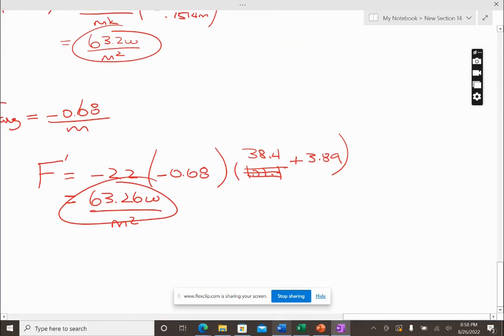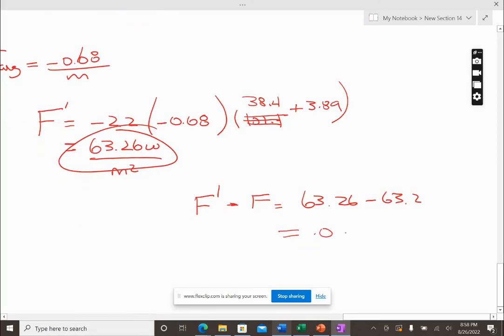Look how close that is. If we take the F prime minus F, we get 63.26 minus 63.2 equals 0.06. Very, very small. So this shows you how accurate the prediction is.